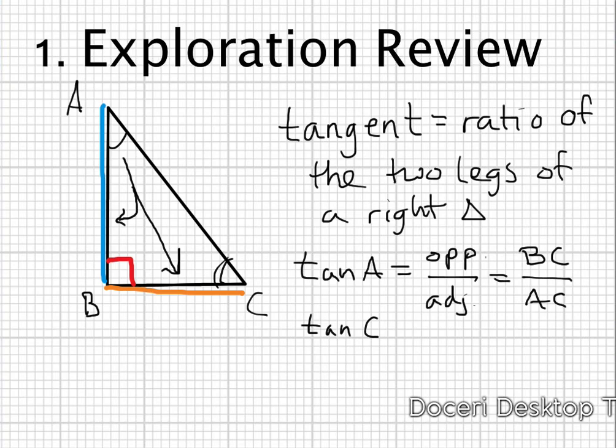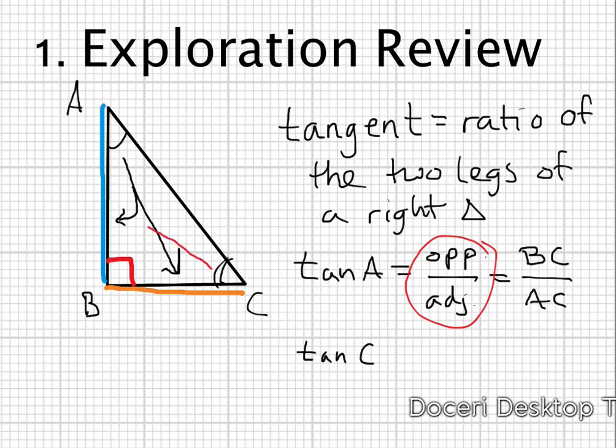Now, if I'm talking about tangent of C, that's a little different. It's a different angle, so I go from a different location. So if I'm going to do tangent of angle C, I still have to go opposite and adjacent. This ratio does not change. It's always opposite over adjacent legs. But I start from angle C instead.